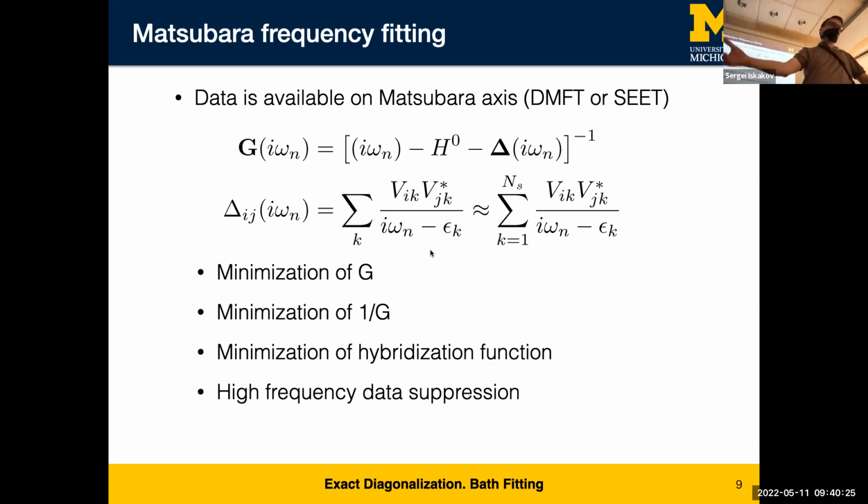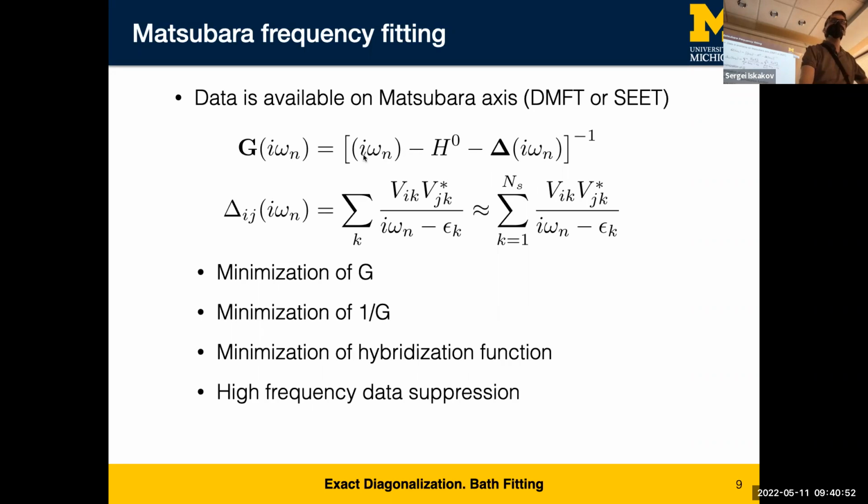If you have many of those, yes, you can get more of these terms, and you can then guarantee the correct high frequency convergence for the delta. So what you're saying is that usually it's better to compromise on the high frequency data? Exactly. If you look here, the high frequency data will be suppressed by omega.